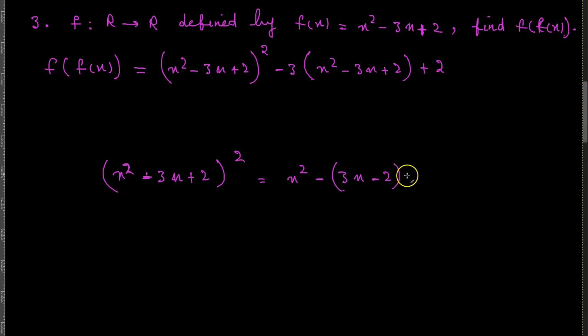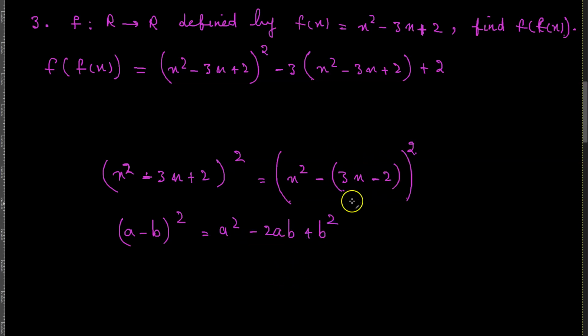Then raise this to the second power, and this becomes the same thing as a minus b whole squared, which is equal to a squared minus 2ab plus b squared, right?